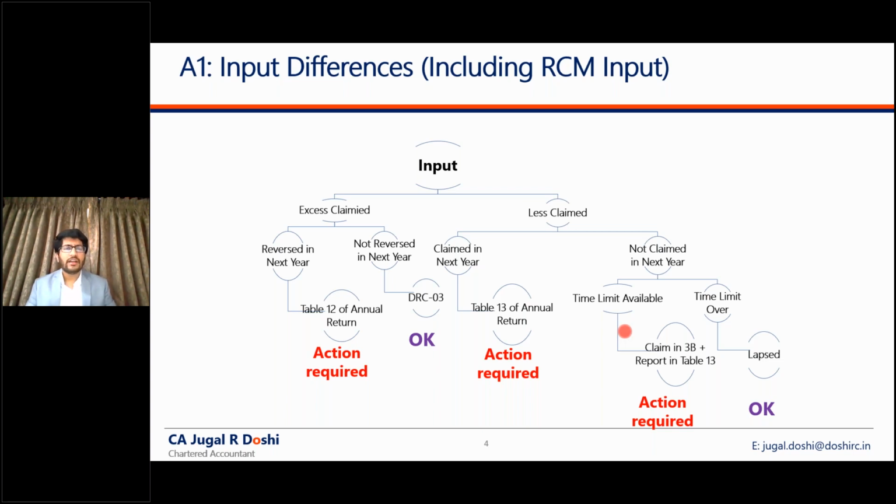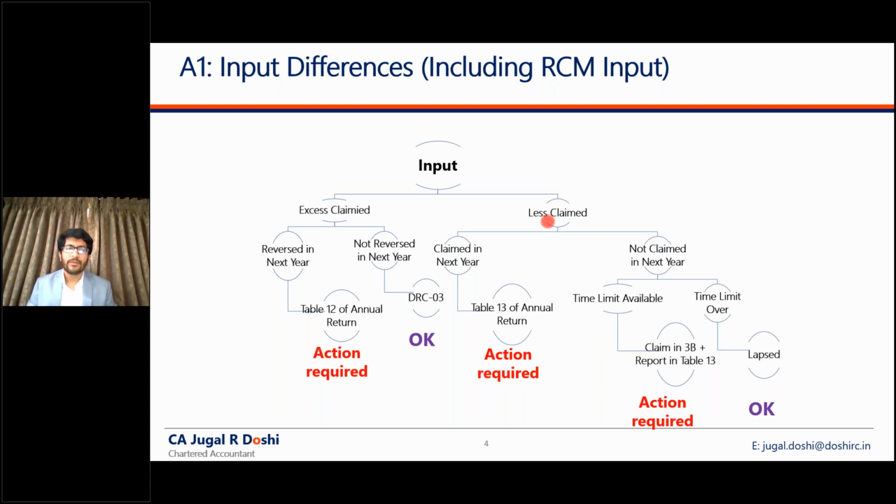So friends, I told you that there is an alternate approach wherein, instead of reporting as per 3B in table number 6, we can report only the actual ITC as per my audited financial statements, whether it is less or more, in table number 6 only. It is an alternative approach for filing the annual return.